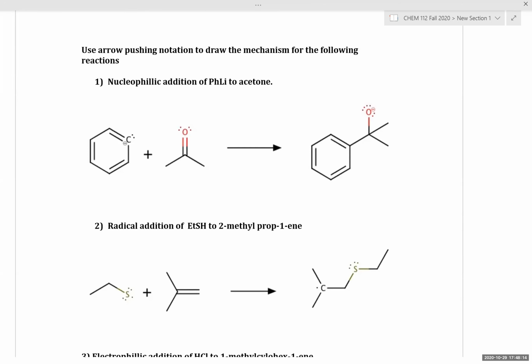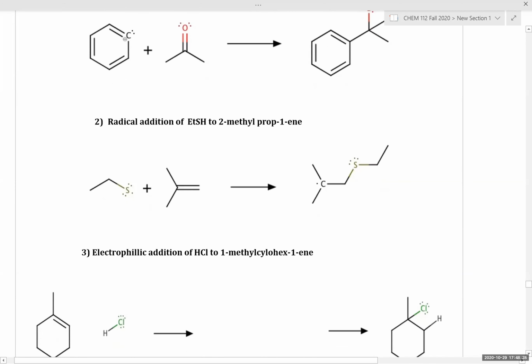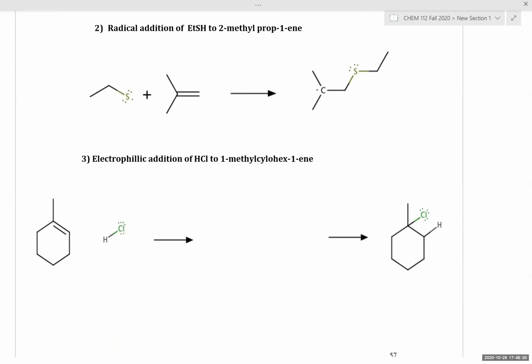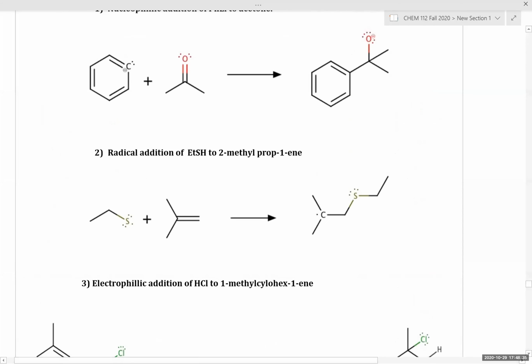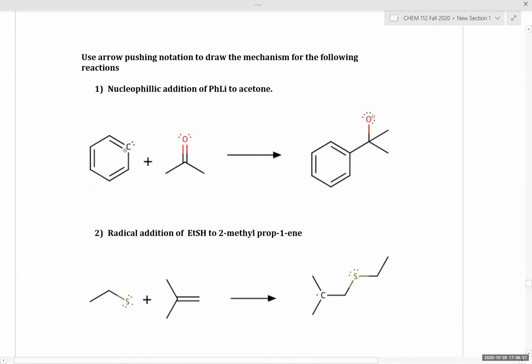So let's work now on drawing out these different addition reaction mechanisms using arrow pushing notation. Let's practice looking at each of these different types of addition reactions, and focus on drawing out these mechanisms using arrow pushing notation.